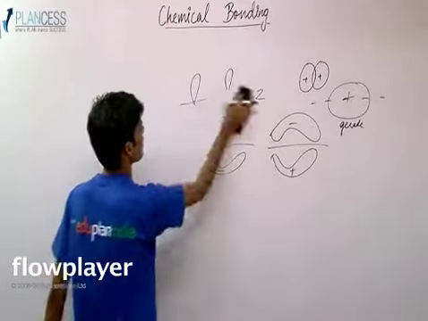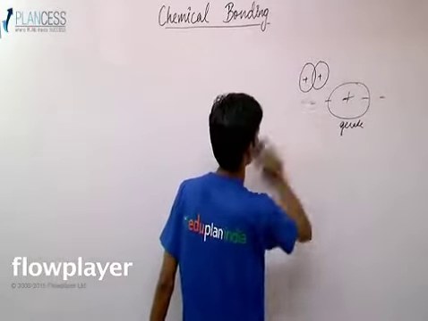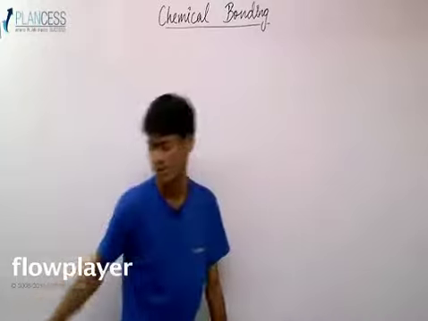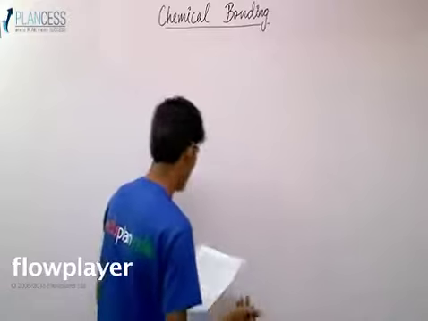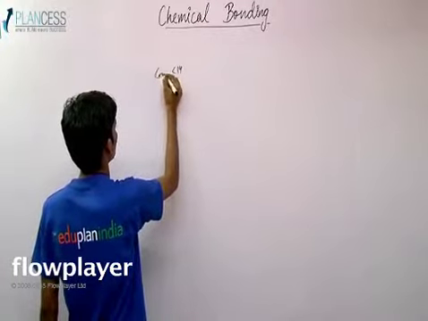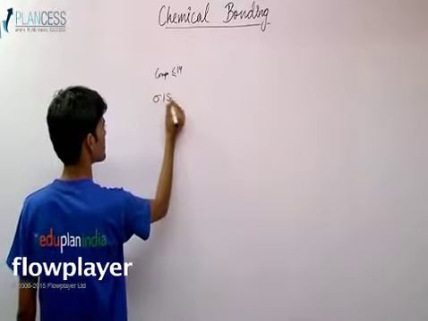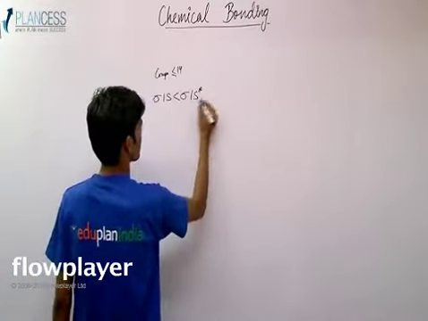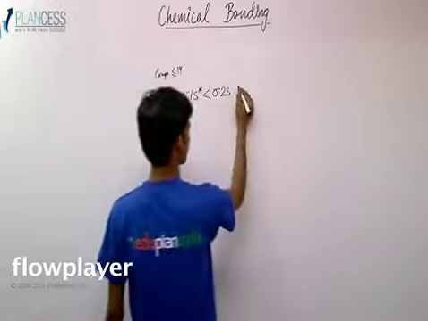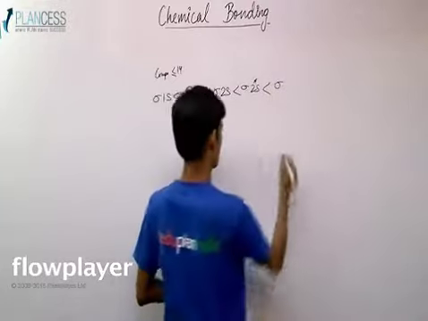For molecules having molecular mass greater than 14, there is a different energy level, and for molecular mass less than or equal to 14, there is another. For example, if the compound has a molecular mass greater than 14, then the energy order will be: sigma 1s is less than sigma 1s star, the antibonding orbital of 1s, which is less than sigma 2s, which is less than sigma 2s star, which is less than sigma 2pz.